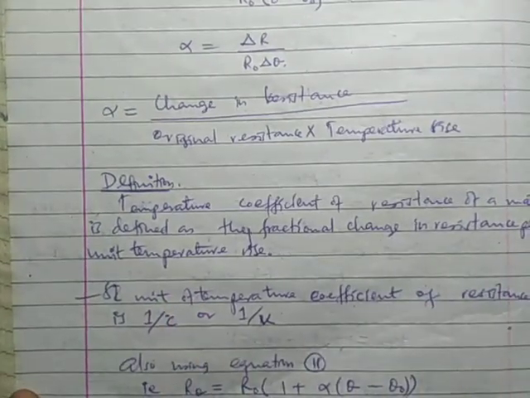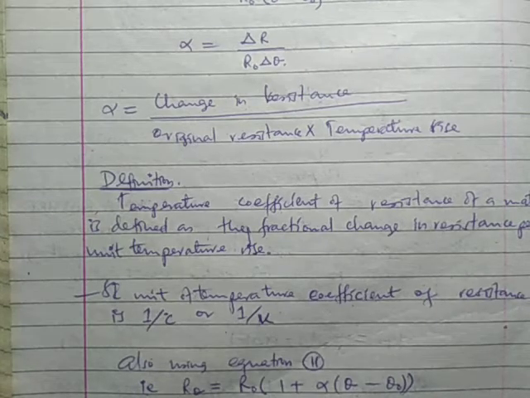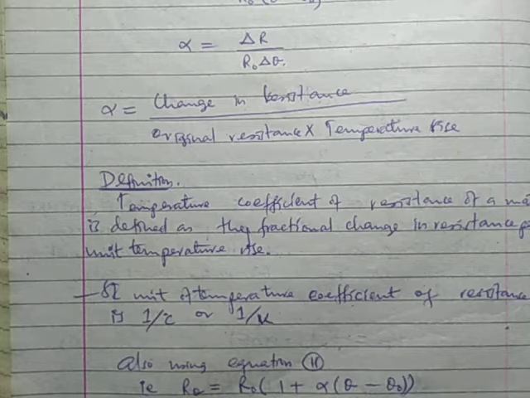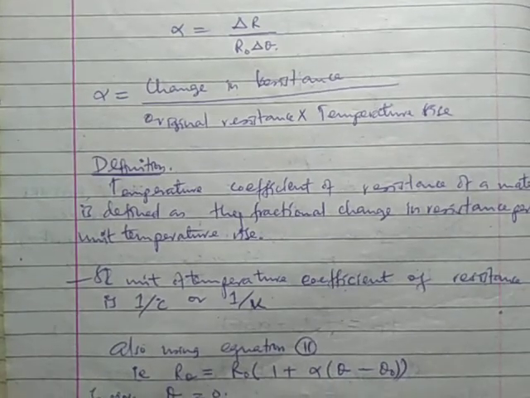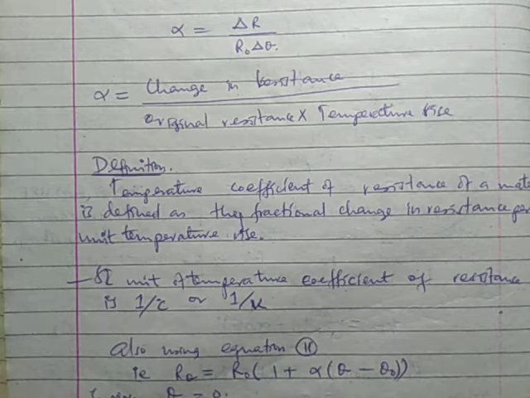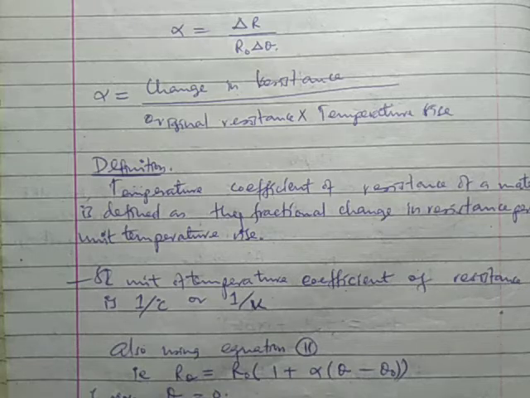By definition, the temperature coefficient of resistance of a material is defined as the fractional change in resistance per unit temperature rise. The SI unit of temperature coefficient of resistance is 1 divided by Kelvin. So that is how we define the temperature coefficient of resistance.